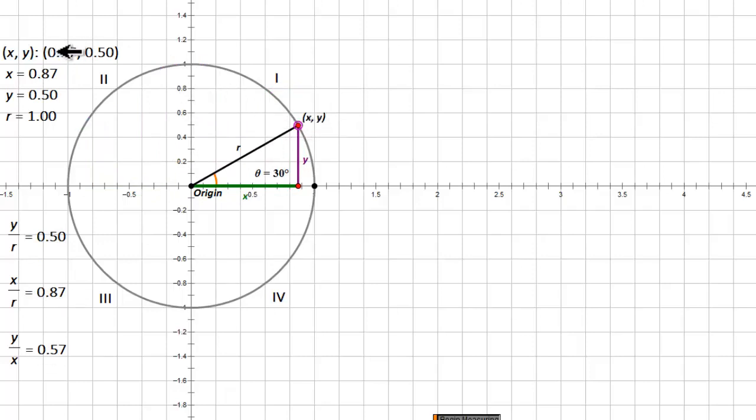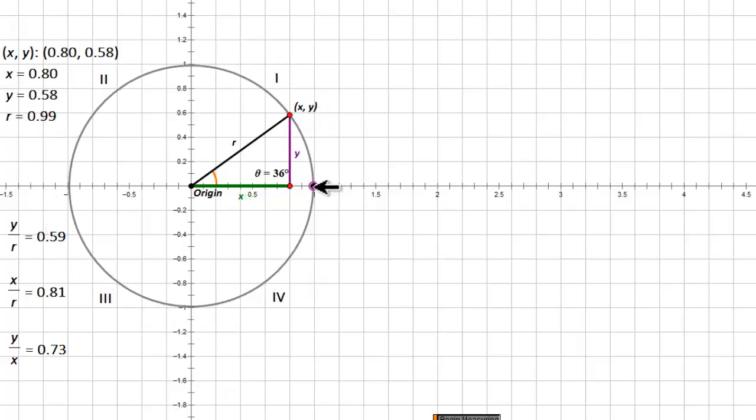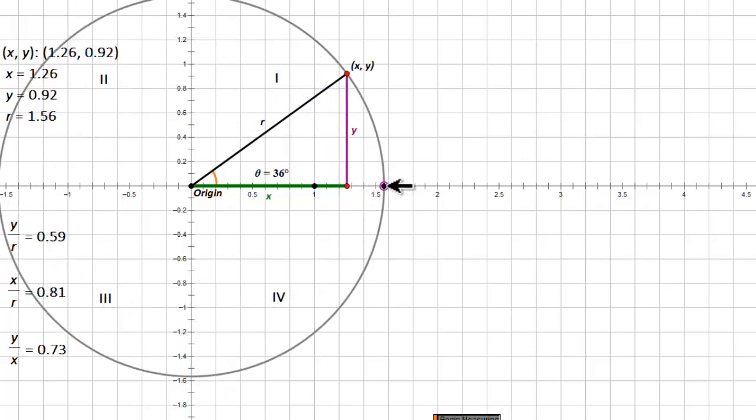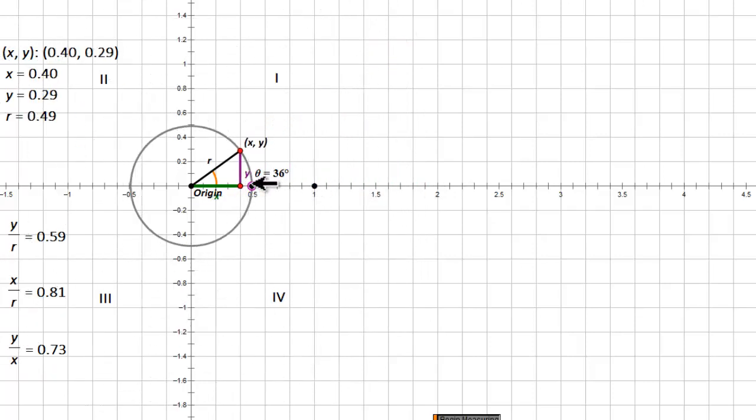You see that the coordinate point right here represents the point at which it sits, the x, y, and the r, and I use these to calculate these relationships. Now the other thing is that I've shown you a unit circle, which has radius 1 at this point, but I could change this and make it, say, a radius of 2 or a radius of 0.5.